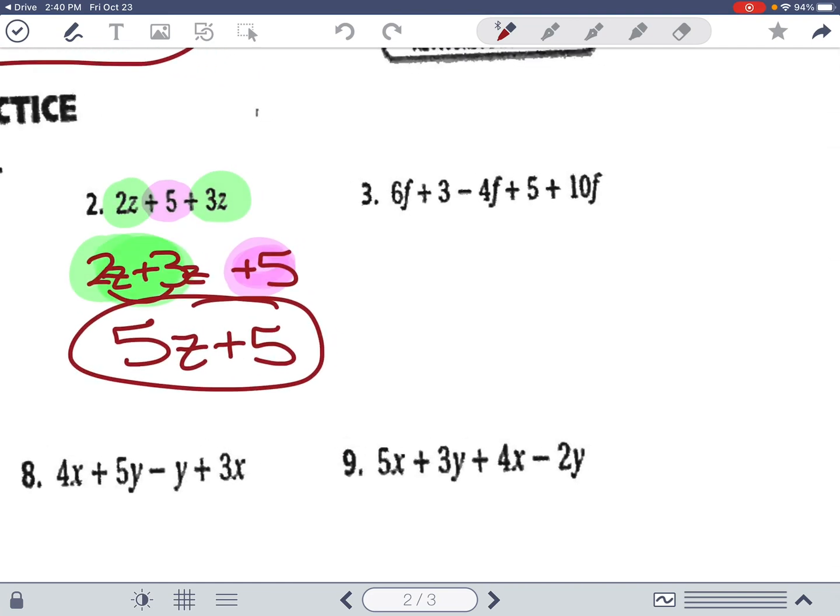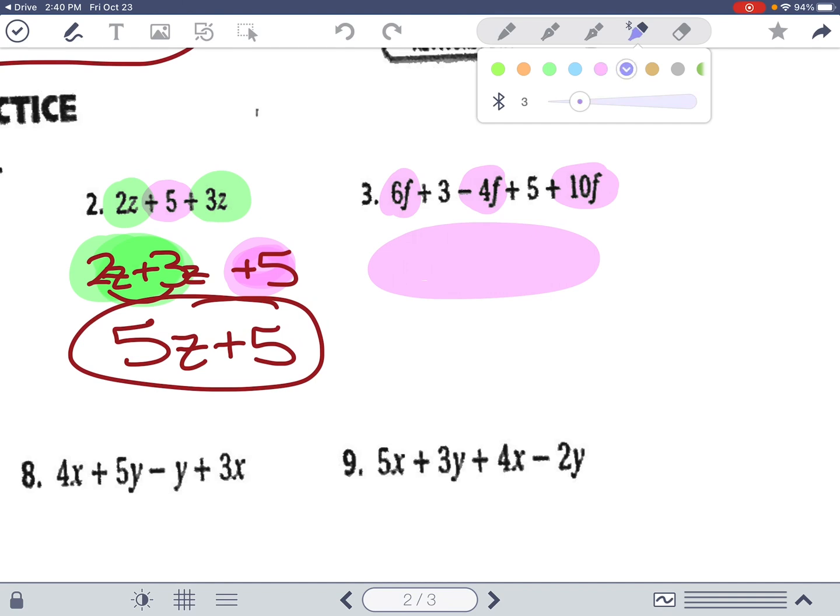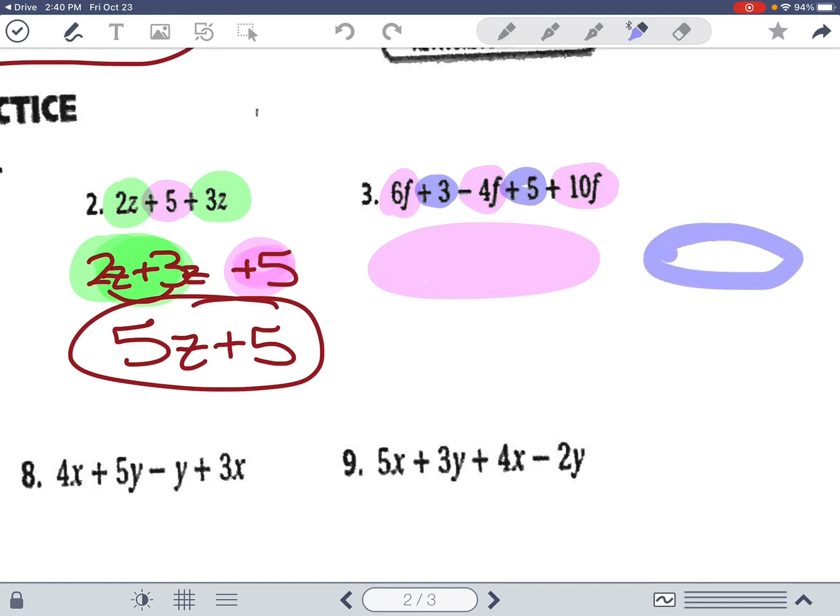Number 3, start on the left-hand side. 6f. I go across, I find minus 4f. Keep going to the right, I find plus 10f. So here's my pink bubble. Then I pick a different color, and I'm going to say plus 3. I'm looking for any other plus or minus, just integers. Plus 5. So there's my purple bubble. Then I'm going to place the pink items in here. 6f. The sign goes with it.